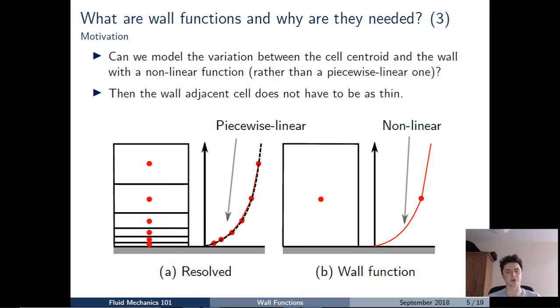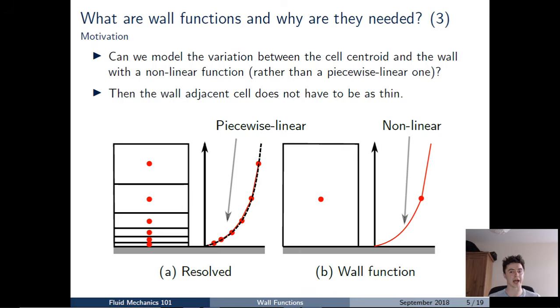So currently with the second order finite volume CFD, the way we resolve those gradients close to the wall is a piecewise linear approach, and we have to have lots and lots of thin cells to capture those gradients normal to the wall. But what if we could replace all of those thin cells with a single large cell instead?